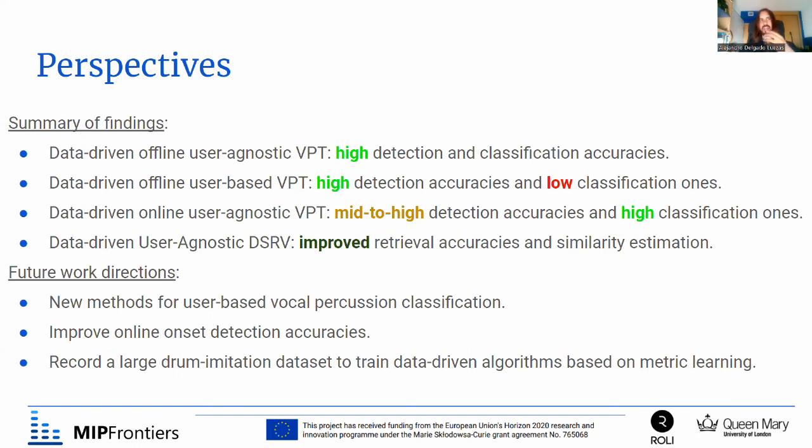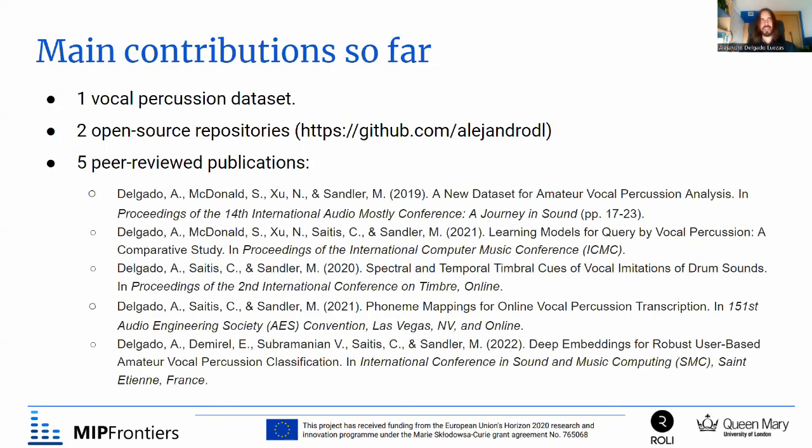Also, we have to record a large drum imitation dataset to train data-driven algorithms based on metric learning, as previous approaches have demonstrated that metric learning via Siamese convolutional neural networks or triplet convolutional neural networks works best for sample retrieval by vocalization. And it will be very beneficial for the task in the future.